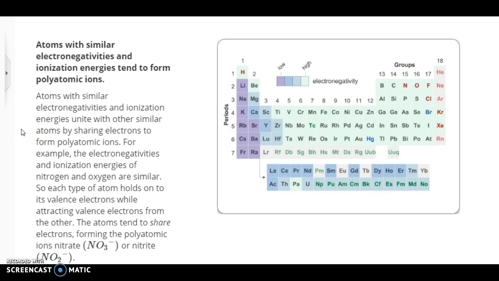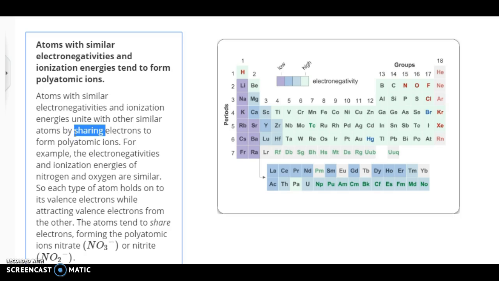Atoms with similar electronegativities and ionization energies unite with other similar atoms by sharing electrons to form polyatomic ions. Sharing, this is big. We're not gaining and losing, we're sharing now. We talked about how carbon's going to share because carbon has how many valence electrons? 4. So gain 4, lose 4, it's the same, so they just share.